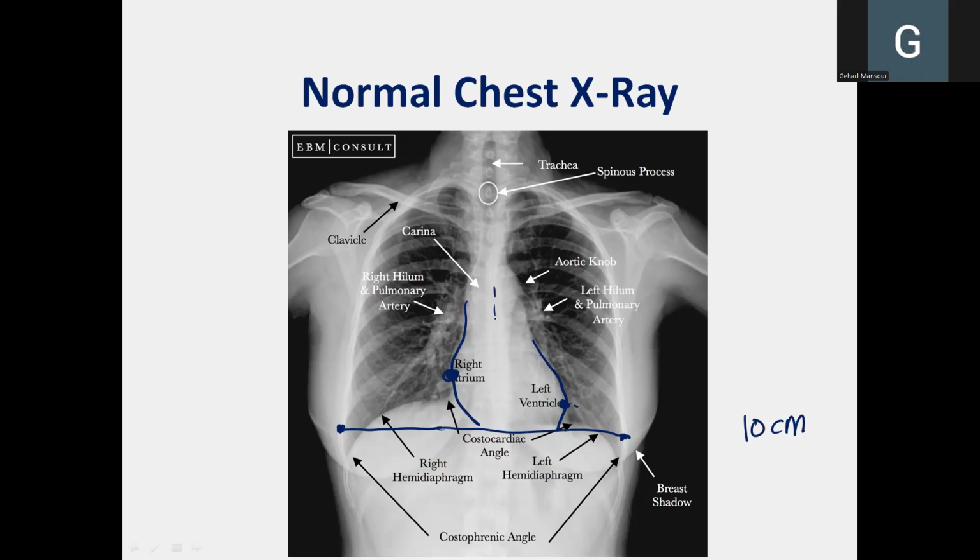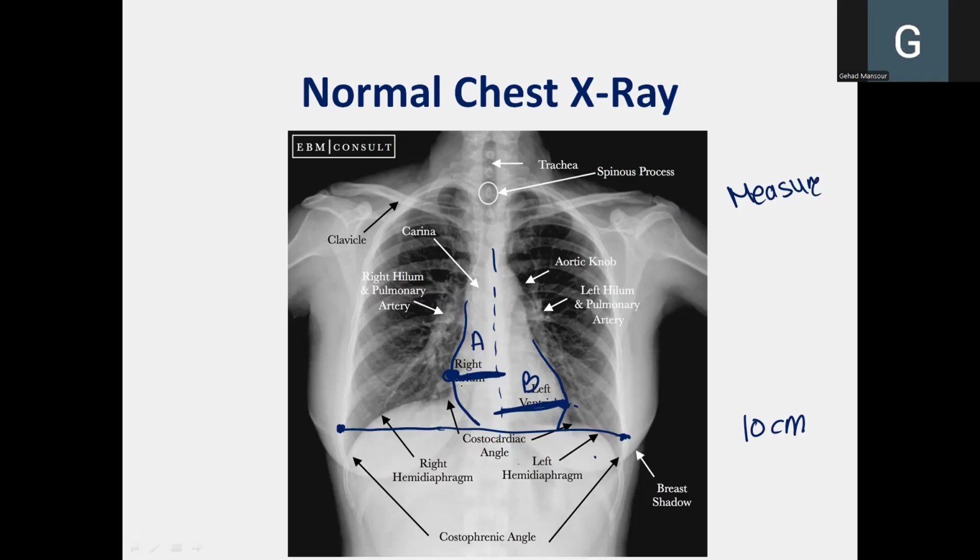We are going to draw a vertical line that is perpendicular to the diaphragm. And then we are going to take this transverse hemi diameter of the heart and another hemi diameter of the heart. Say, for example, this is A and this is B, and we're going to measure them with our ruler.